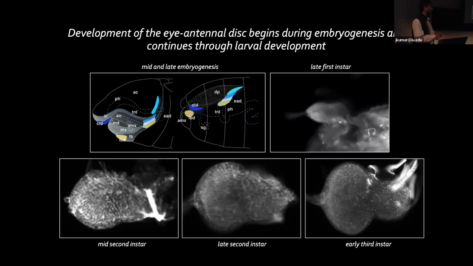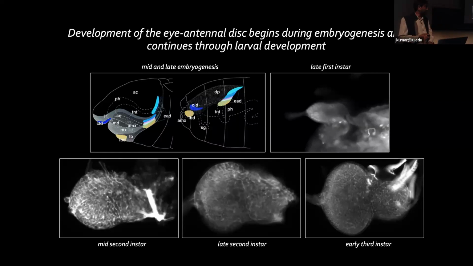As you go through the first, second, and third larval instars, gene expression profiles will change, but also the shape of the disc changes, where now you can begin to see the oval that will give rise to the compound eyes over here on the left, and the circular structure that will give rise to the antenna and maxillary palps over there on the right.